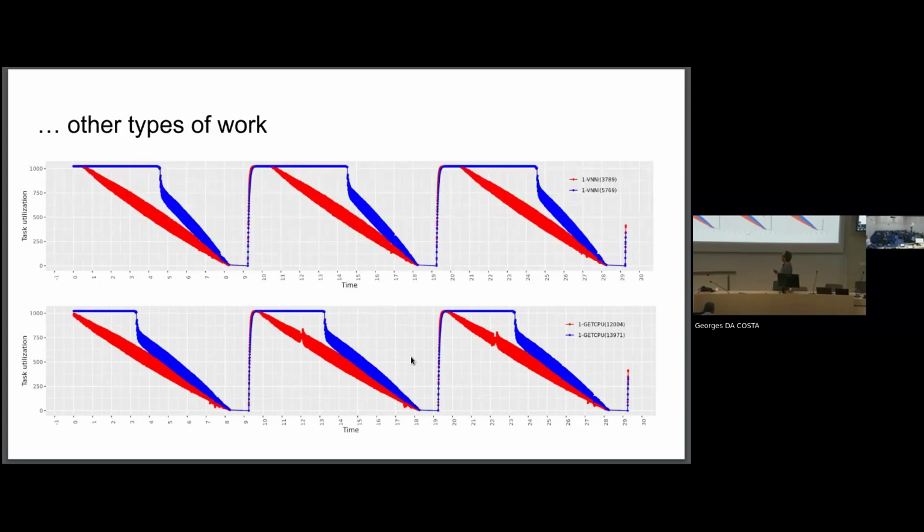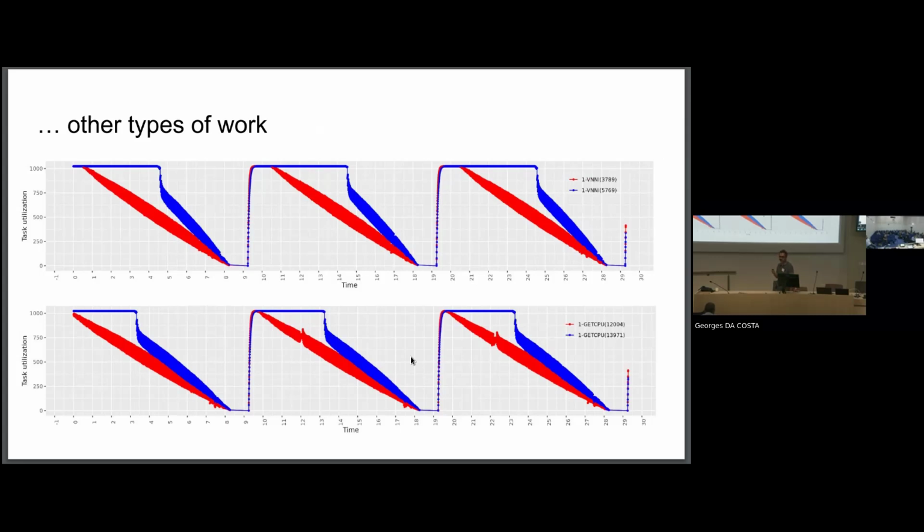What I'm presenting here is two types of work. The example that I use here is running the same loop of requesting a certain amount of work, but this time I'm using VNNI instructions. On Alder Lake, I selected this type of work because these VNNI instructions have a rather high IPC ratio as compared with the E-cores, but that is not the case with other types of instructions in the system.